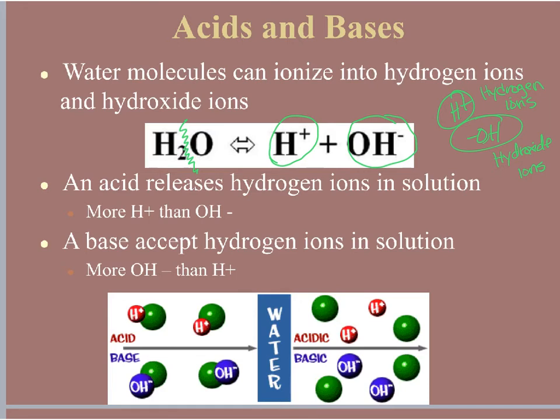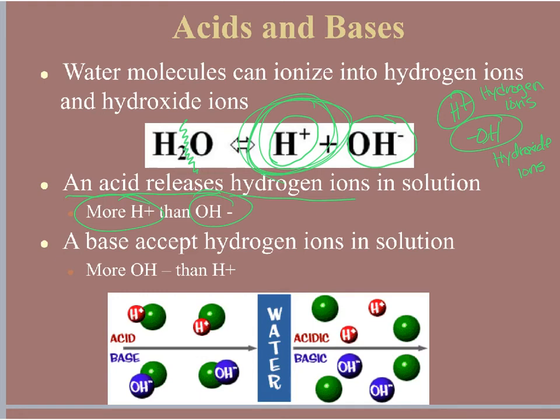And this is determined by the substance that's mixed in water. If you mix a substance that we call an acid with water, that acid releases hydrogen ions. So it releases more of these ions into solution. That's why we call it an acid. It's an acid when it's mixed with water, so you get more hydrogen ions than hydroxide ions.